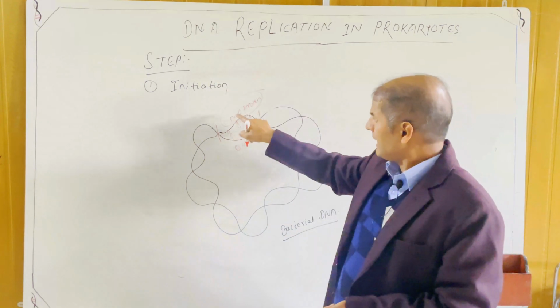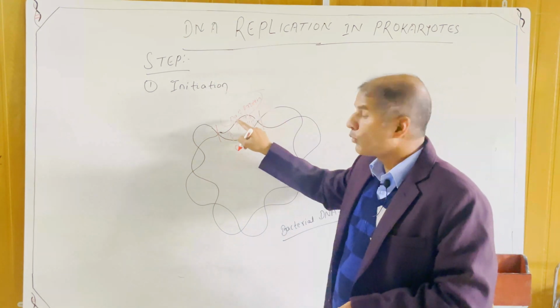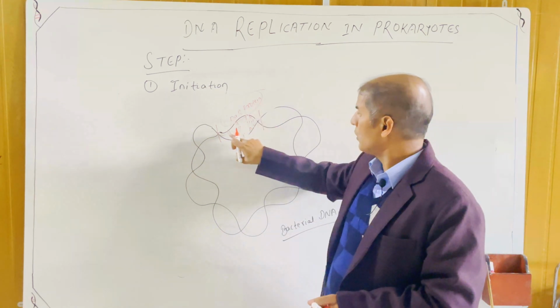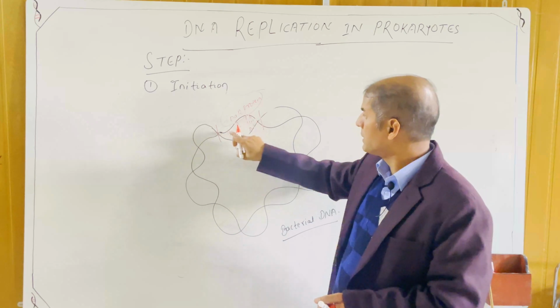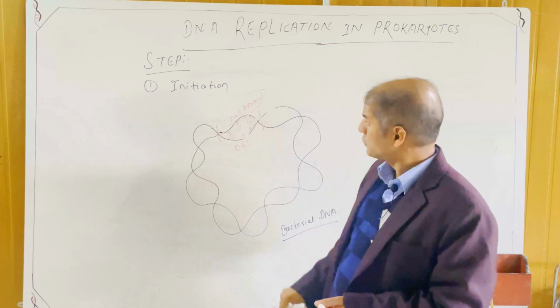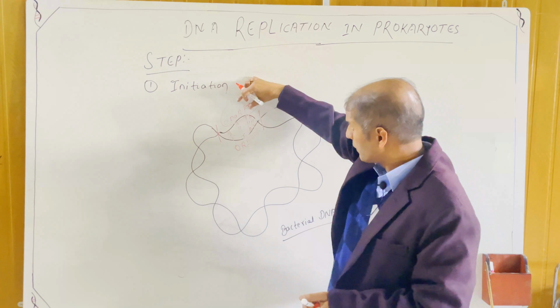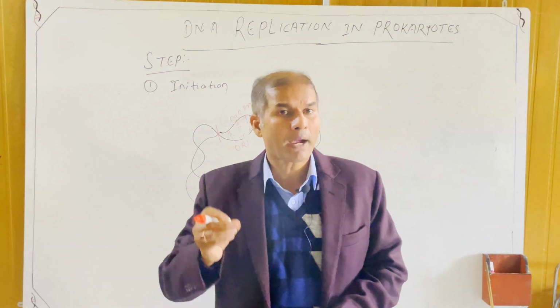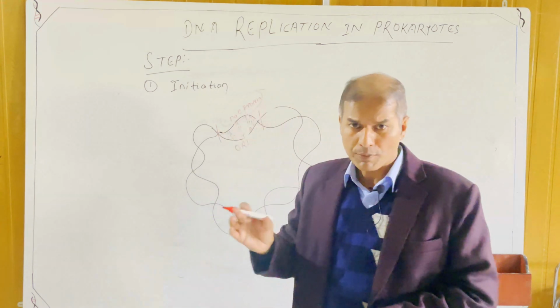So once DnaA protein binds at ORI, it will cause the breakdown of the hydrogen bond between A and T. This protein has a tendency to cause the lysis of hydrogen bonds present between two strands.